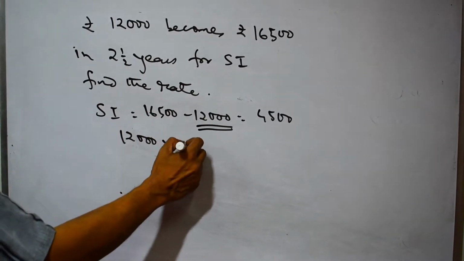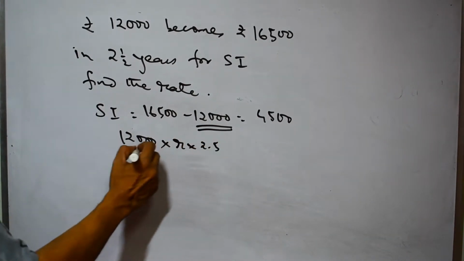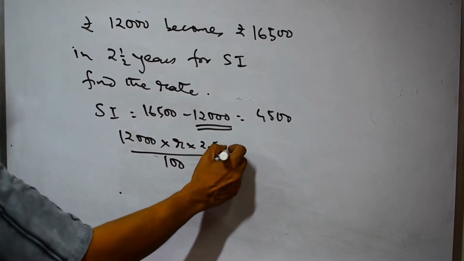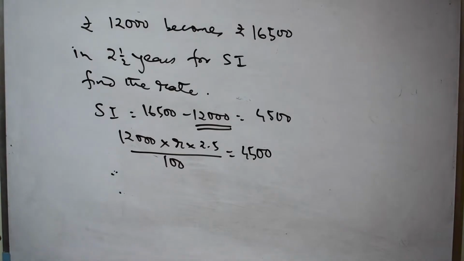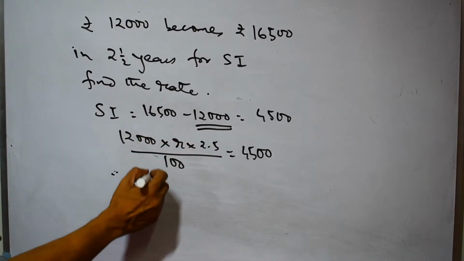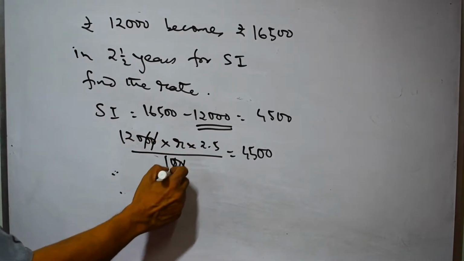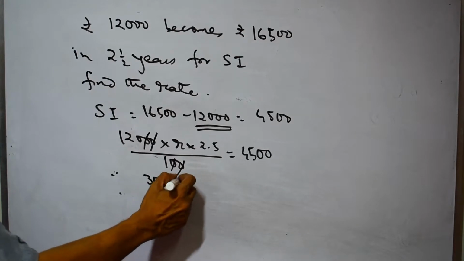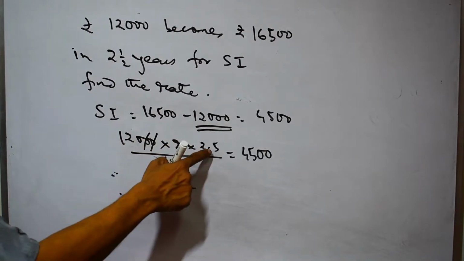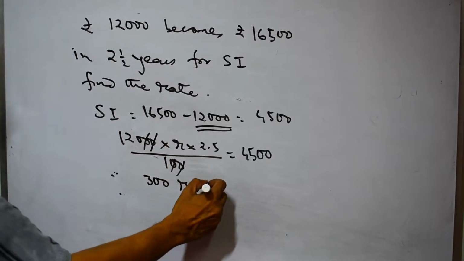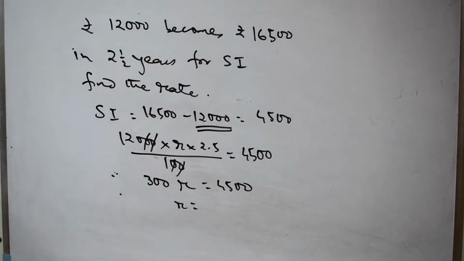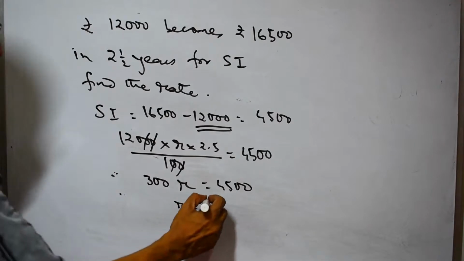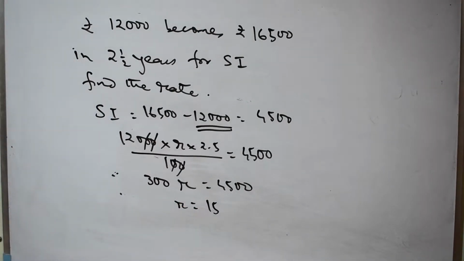Rate of interest we don't know, and time is 2.5 years, divided by 100. The answer is 4,500. So 120 into 2.5 comes to 300, giving 300R equals 4,500. So the rate of interest is 15%.